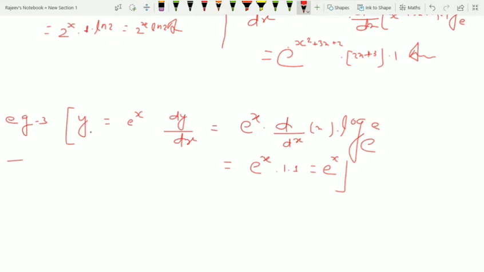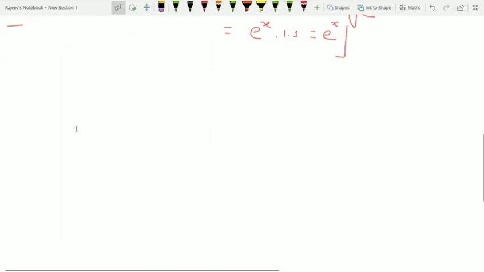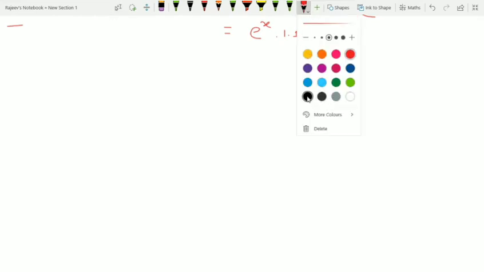Now we are going to take the differentiation of trigonometric functions. So, next part, I'm going to change the pen here.